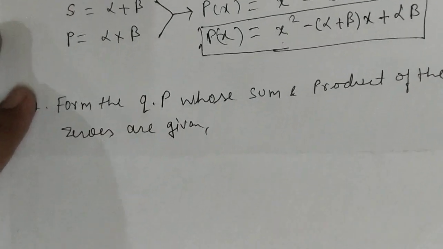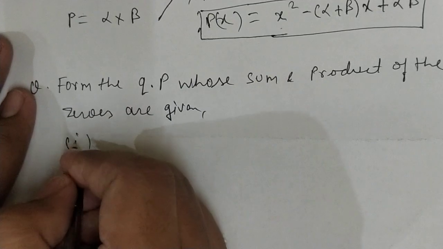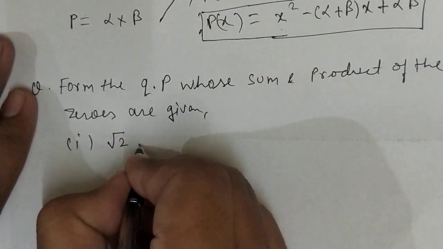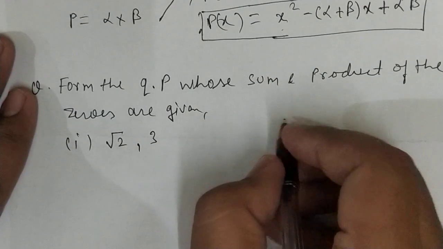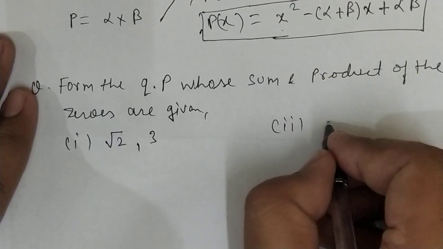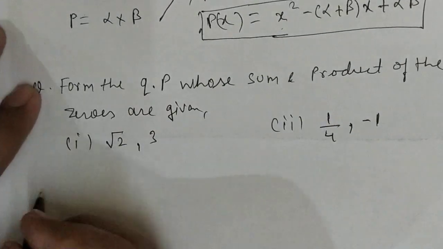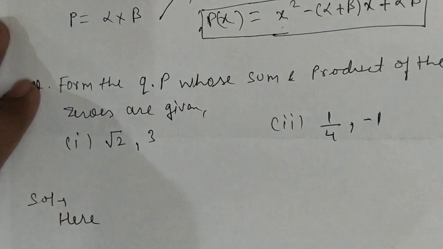Clear? See, I am taking two questions. In the first one, let the sum is given root 2 and the product is given 3. Is this clear? In the second one, I am taking 1 by 4 and minus 1. So first one.